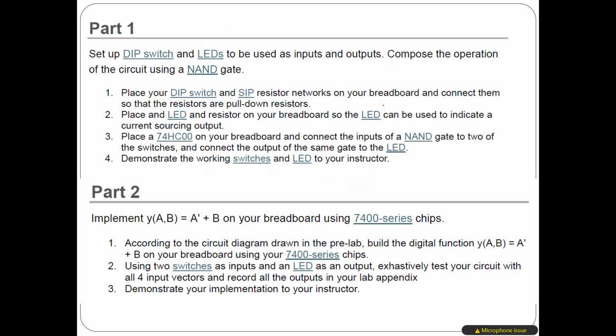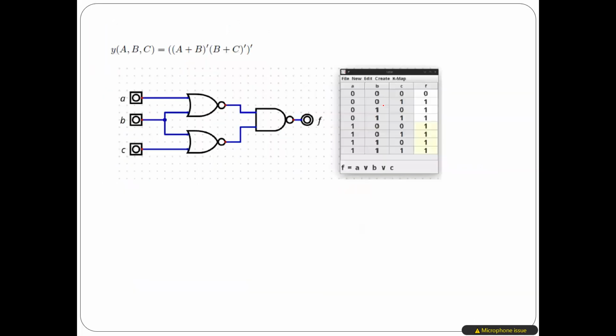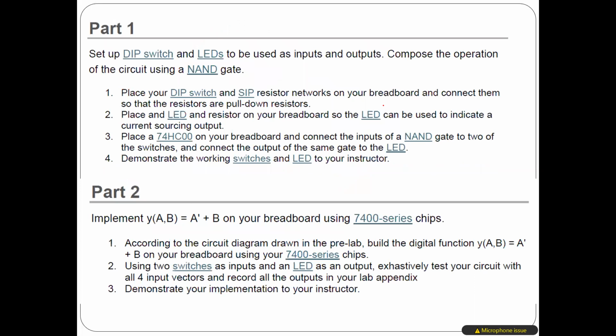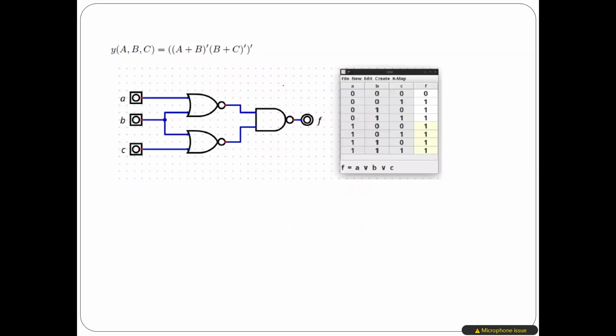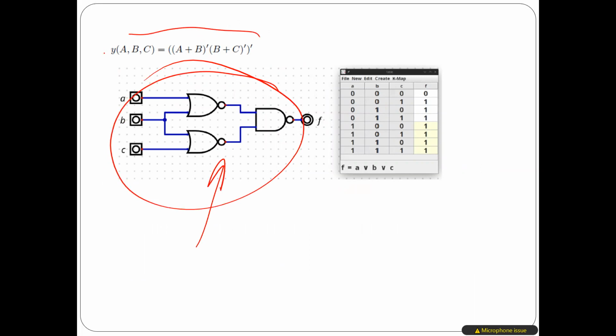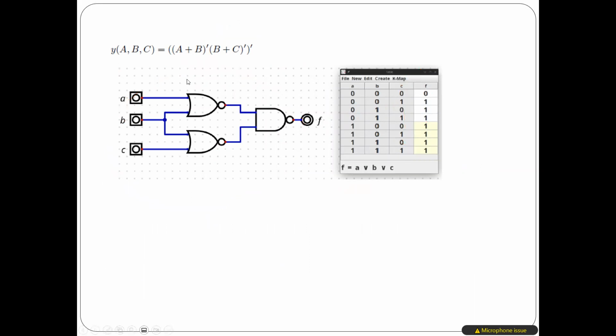One of the things also here in the lab, for sure, you can use the simulator. You can draw a circuit like this one in the simulator, and then the simulator can give you the truth table. So here, A or B inverted, and B or C inverted, everything is inverted.